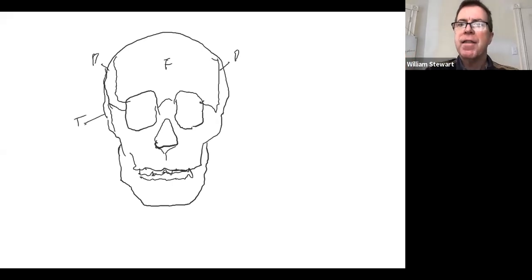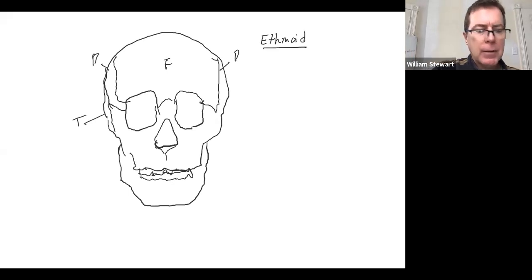The ethmoid, which is what we're concerned about right now, is deep in the center of the skull. You can just barely see portions of it if you look in the nasal cavity here. It basically is this funky looking thing. It looks honeycomb shaped. If I remove that bone, I'll try to draw it singularly. It kind of looks like this.